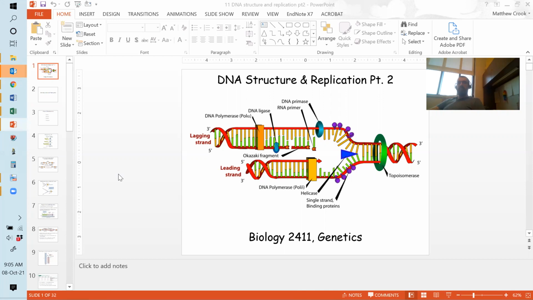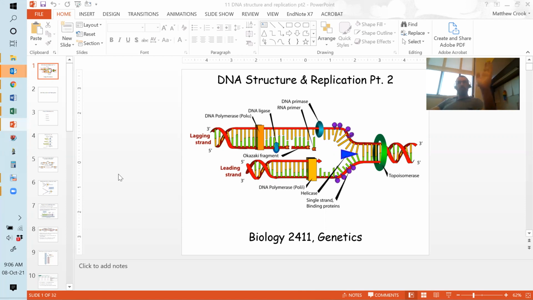What job does helicase do once the initiator proteins have popped open the DNA? Single-strand binding proteins hold it open. What does helicase do now to that small bubble of single-stranded DNA? Right, it expands it, keeps unwinding the DNA so that the bubble expands, and now we can fit all the other stuff into that space.